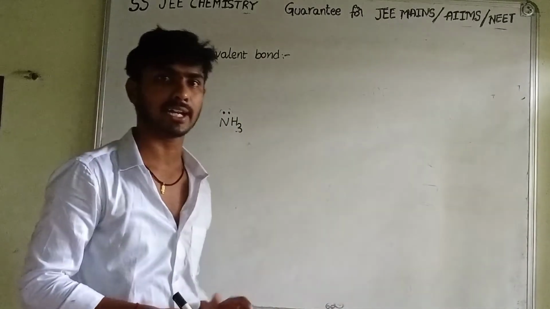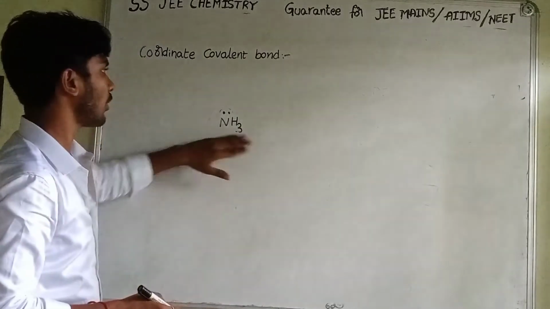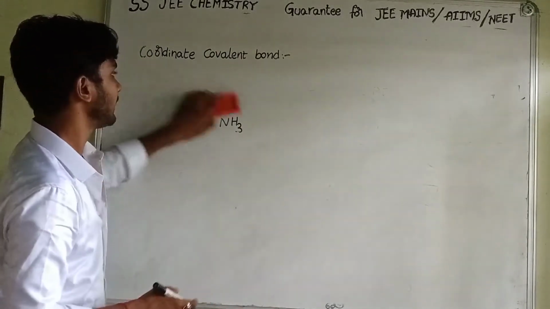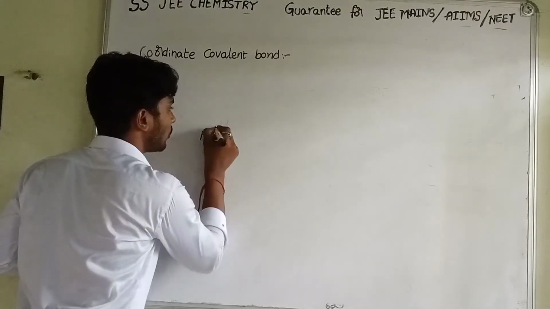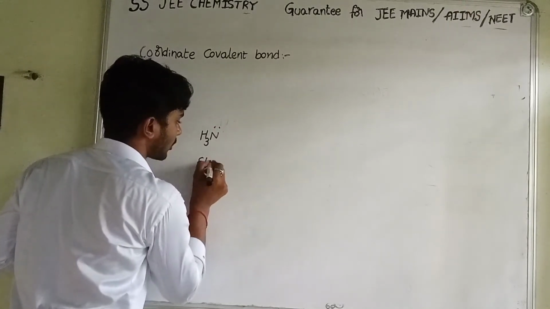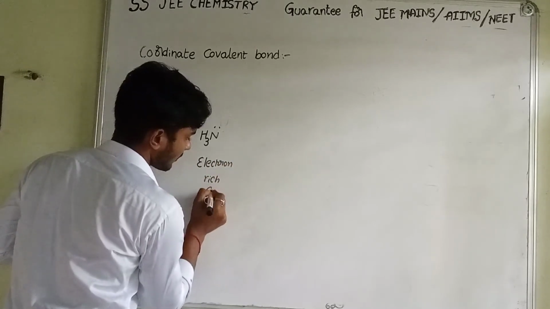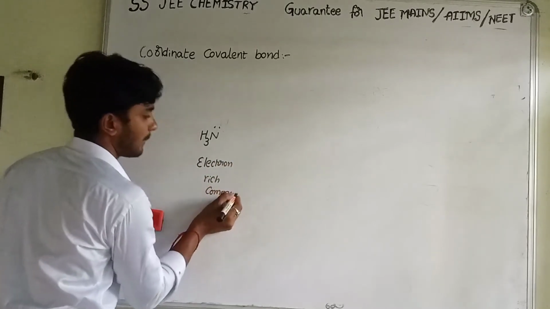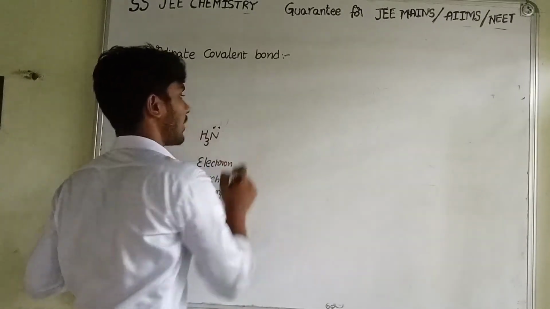If it forms a bond with an electron deficient compound, then it forms a coordinate covalent bond. NH3 has a lone pair, which indicates that it is an electron rich compound. If there is a lone pair or negative charge, then it is an electron rich compound.